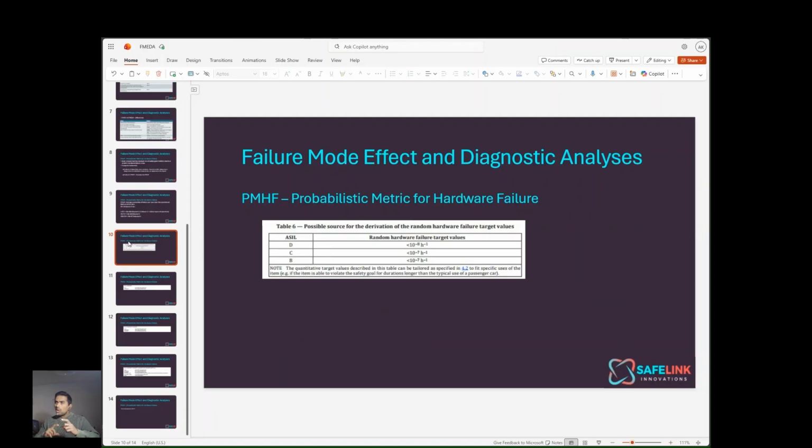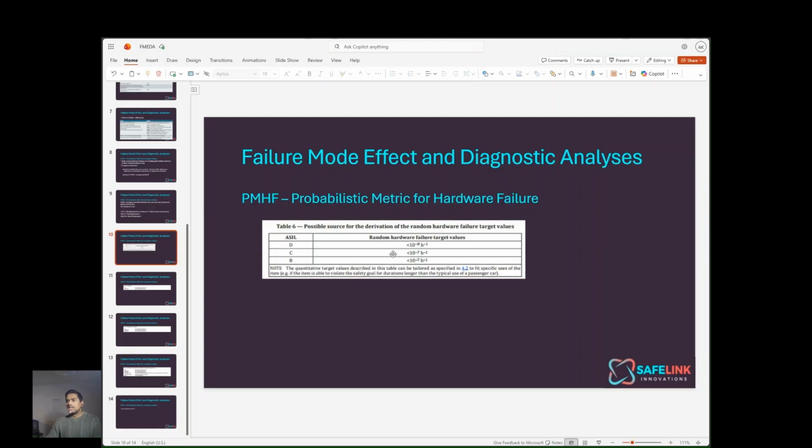Before we go into how to do this, let's look at the metric that we need to achieve. If we are building a system according to ISO 26262, there is a recommendation as to what the failure rate should be. If it's ASIL D, the target is that the overall probability of failure should be less than 10 to the power minus 8 per hour, which is 10 FIT.